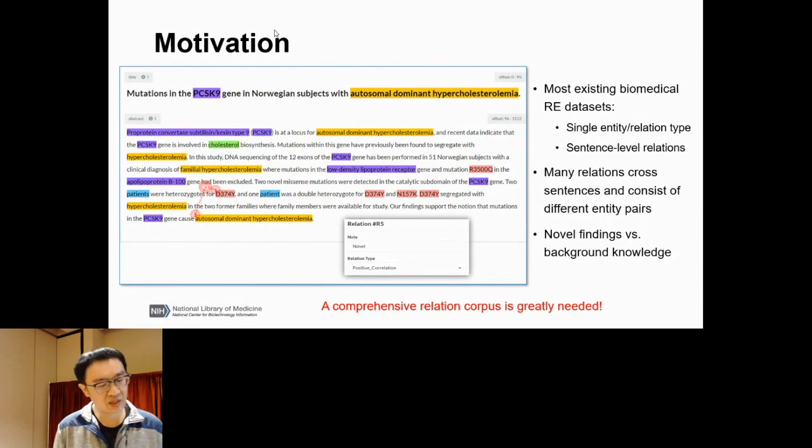It limits the development of relation extraction systems. Many relations span close sentences and consist of different entity pairs. Moreover, novel findings are more important than existing background knowledge. But to our best knowledge, none of the previous datasets' annotations include novelty annotations.